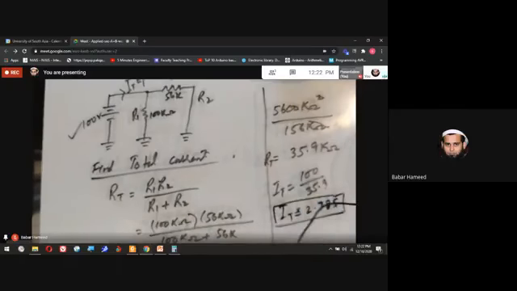So that was the first application of Ohm's law, where we found the current when given resistances and voltage. Now the next question is to determine the current through each resistor in a parallel circuit. I am drawing a circuit over here.